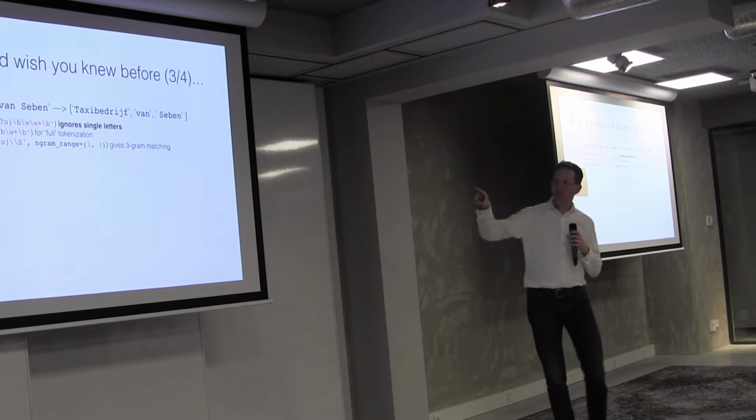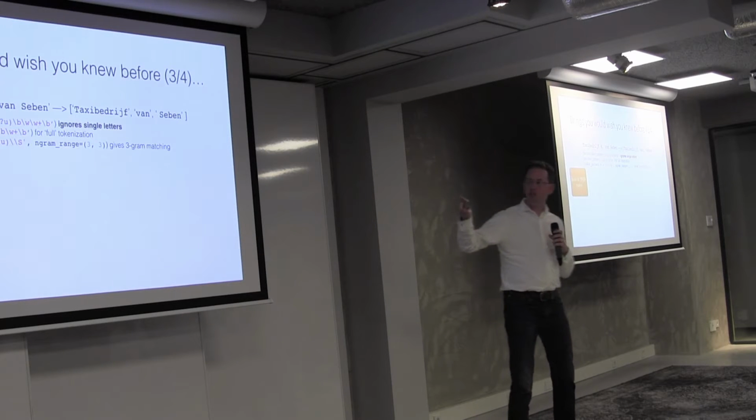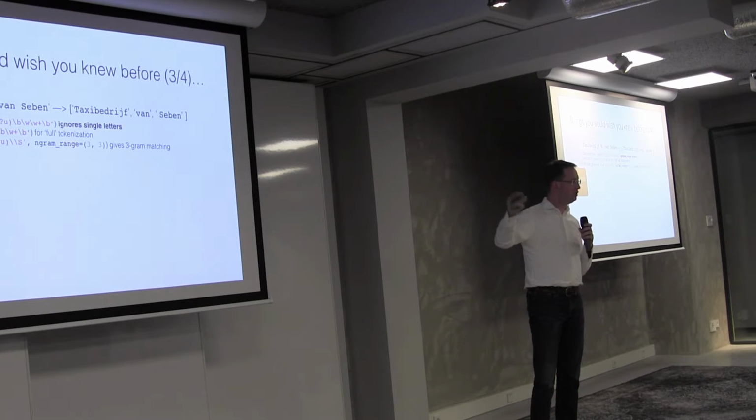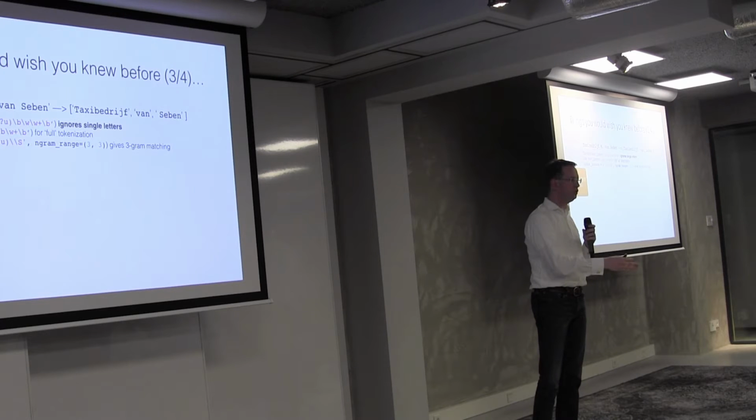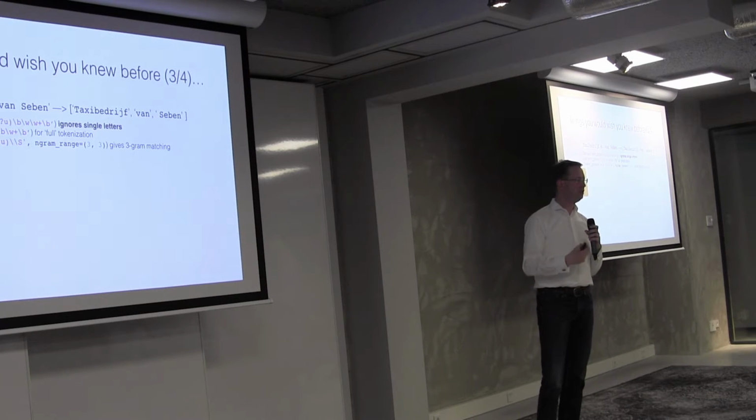So make sure that you include a different regex, because the standard token pattern typically only considers tokens of 2 letters or more, which allows you to capture single letters as well. You don't want to lose information on such a short document as a name.